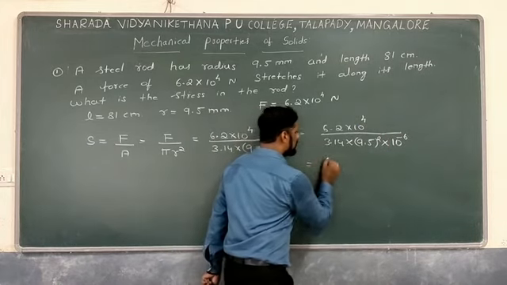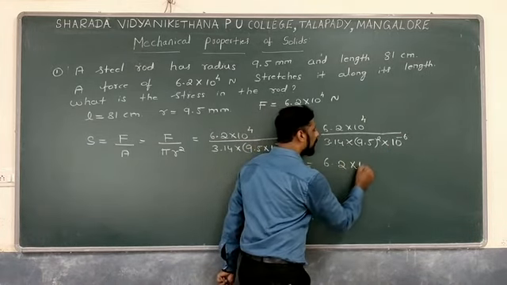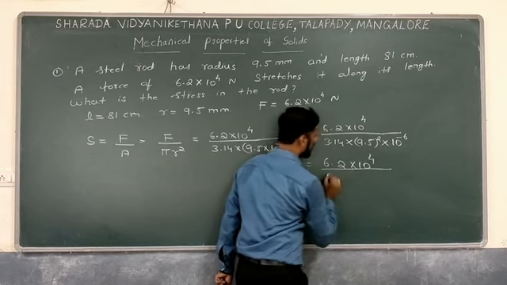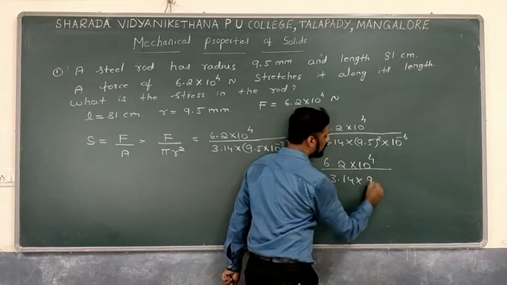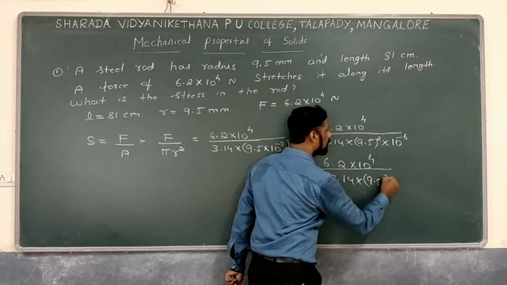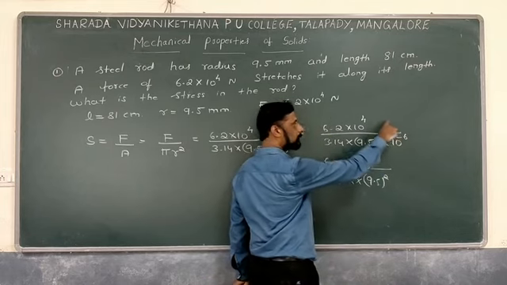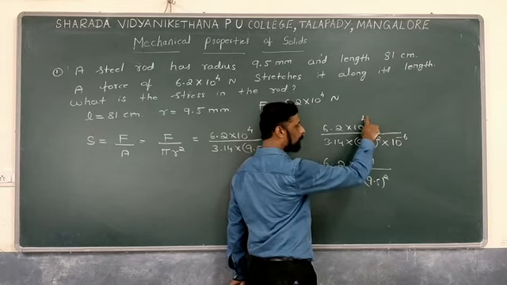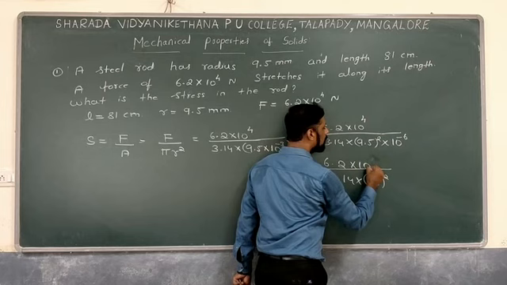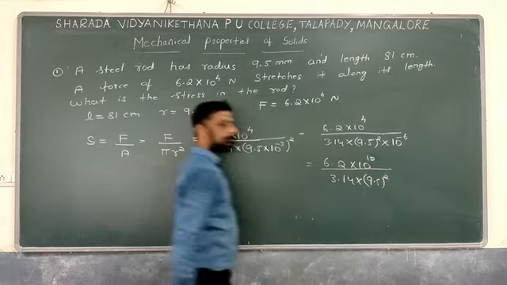So when we take the 10 power minus 6 to the numerator, it becomes 10 power plus 6. 10 power plus 6, 10 power 4, it becomes 10 power 10.